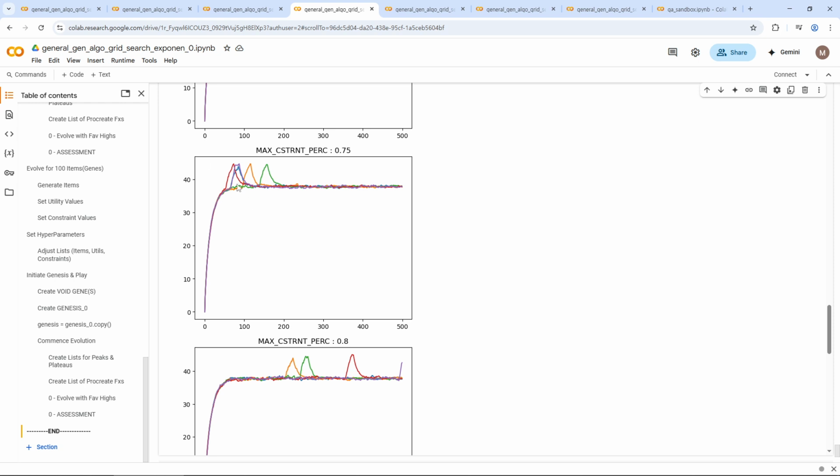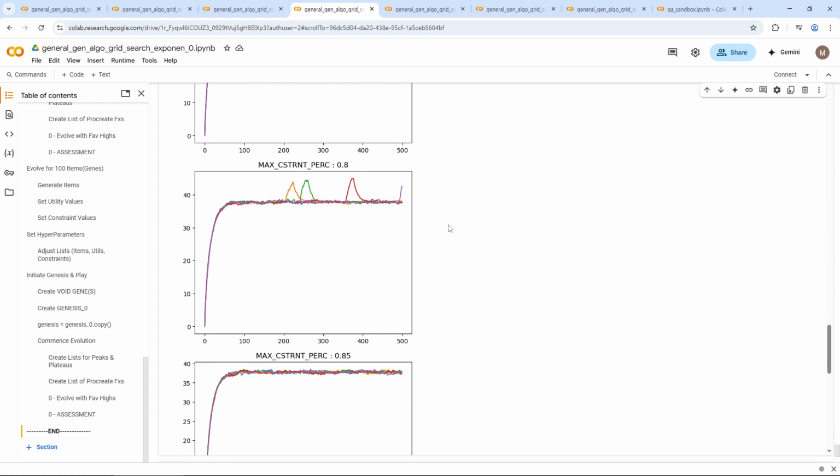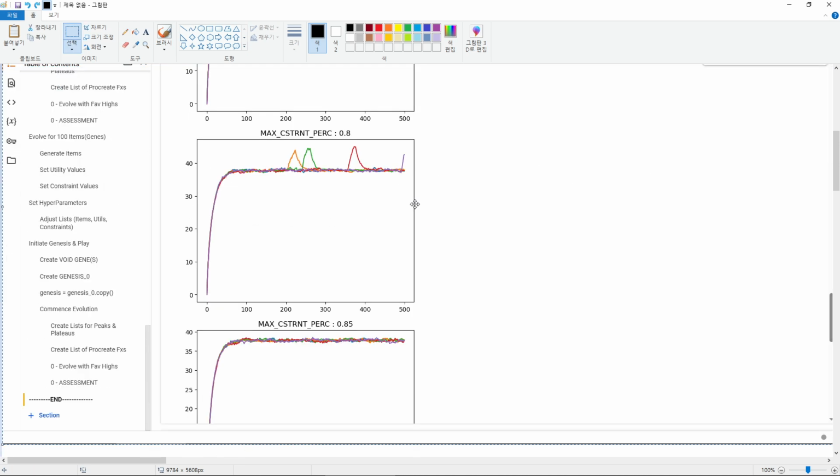The peaks happened at different times, but it's still before generation 200. But when the max constraint percentage is at 0.8 or 80%, look what happened. One happened here after generation 200. One happened here at 260, maybe. One happened here at 370 or so.